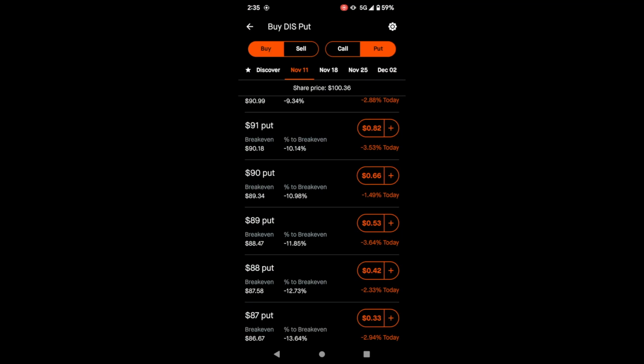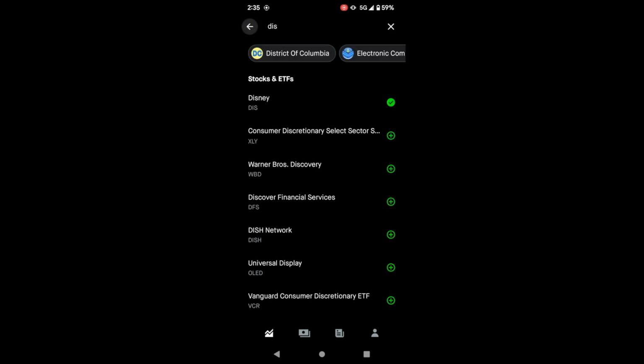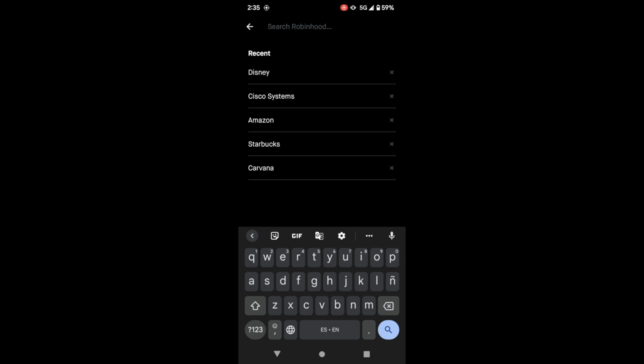So something else I'd like to cover is how we can track the movement of a stock without having to buy it. That's a recent tool that Robinhood came out with that is so great for us, because not only do we get to track the price of an option, we get to see its history and how it's been moving.